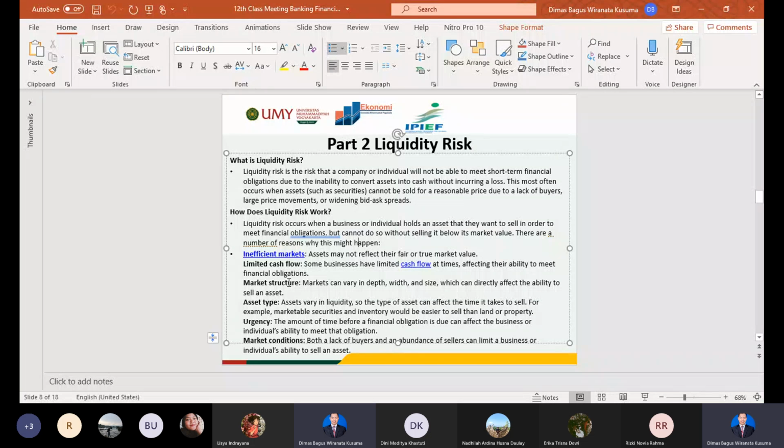Even though Bank Century is very small, it has a network to other banks, big banks. So once Bank Century collapsed, it affected the connected banks. So this deals with the market structures. And the asset type, whether long, medium, or short-term asset, and urgency. And the last one, market conditions.